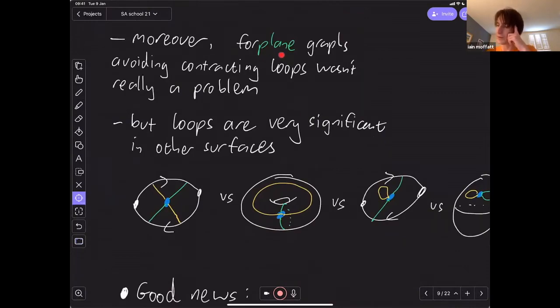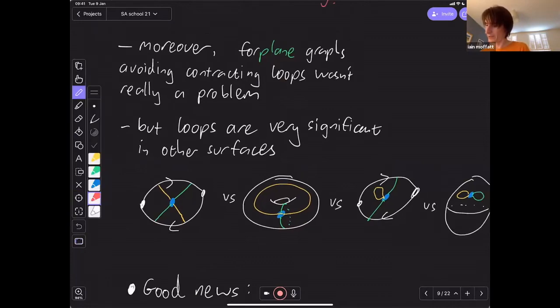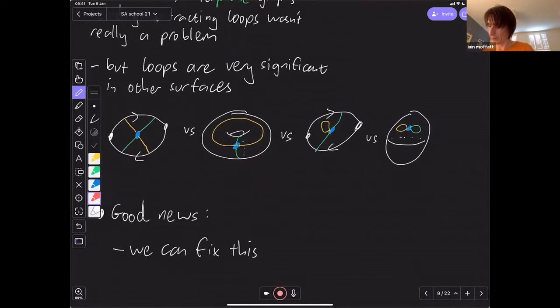And it gets worse when you think about it, even philosophically, in that for plane graphs, we could kind of avoid contracting loops. It wasn't really a problem for us because loops aren't that interesting in plane graphs. But once you're dealing with graphs in other surfaces, the loops are really, really important. They encode a lot of topology. So what we've got here is one graph that consists of a single vertex with 2 loops.